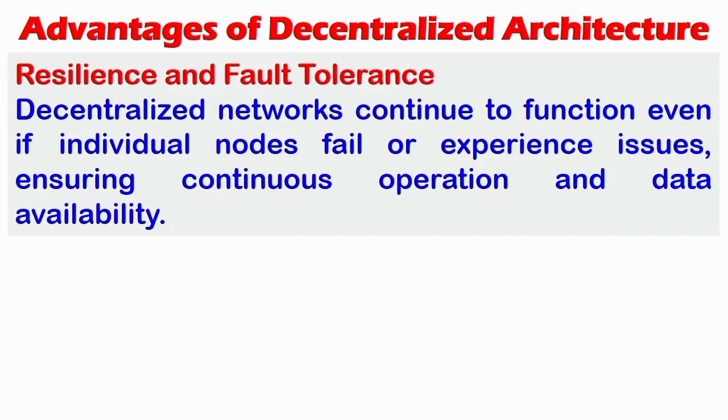This setup ensures the network does not break down easily, and that data is always available. It is like having a team that keeps playing even if a few players need a break, ensuring the game goes on without interruptions.